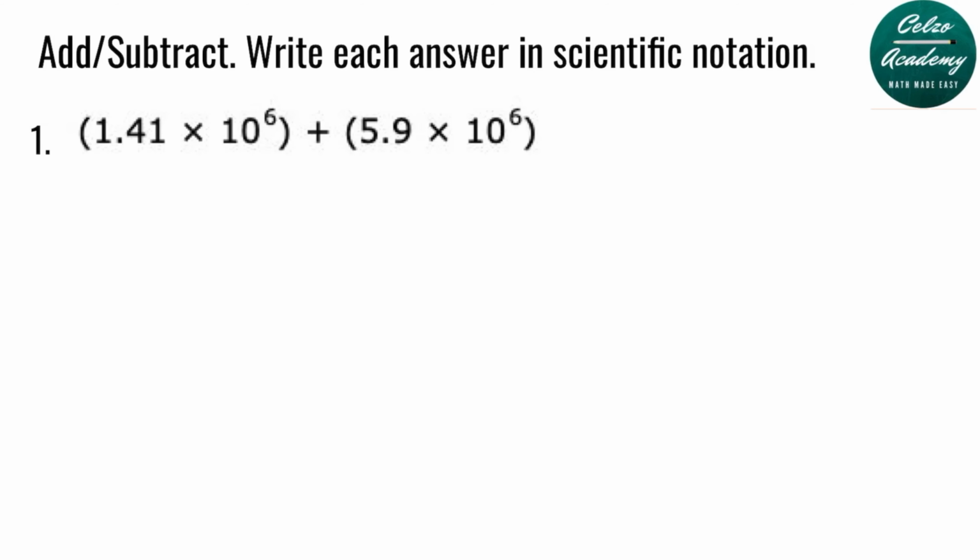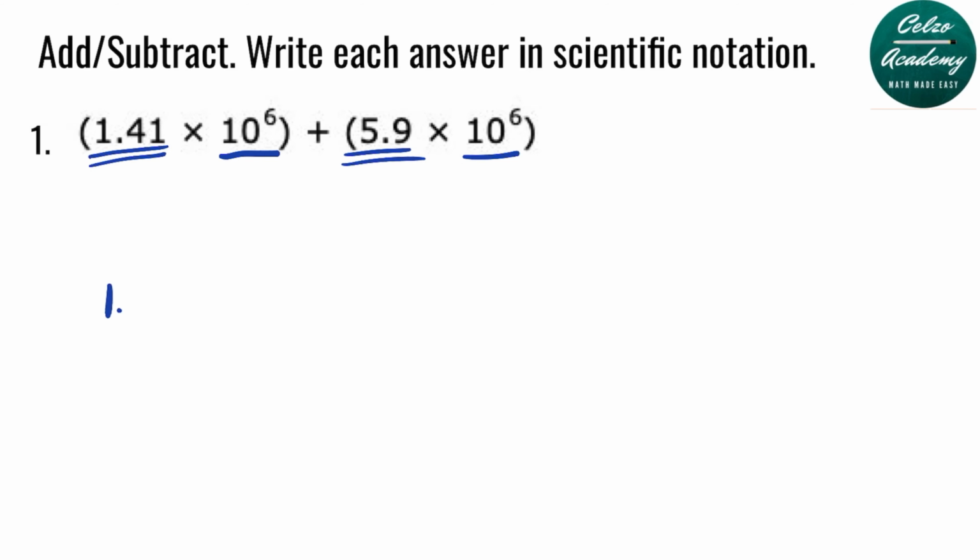Question number 1. 1.41 times 10 to the 6th power plus 5.9 times 10 to the 6th power. Notice that in question number 1, they're both times 10 to the 6th power. And if the exponents are the same, all we need to do is add the numbers 1.41 and 5.9.